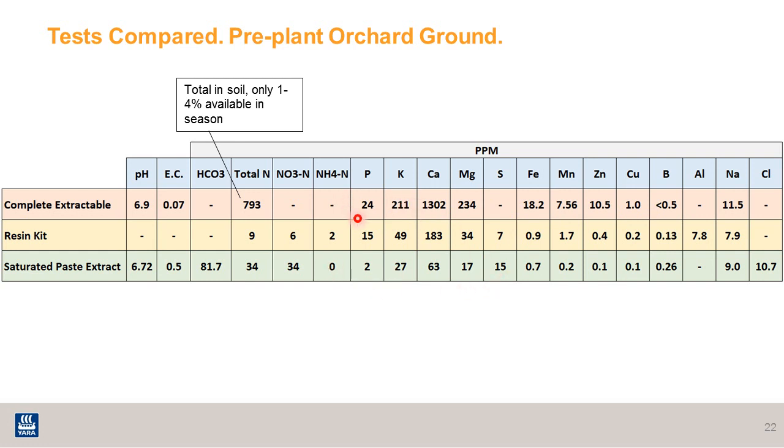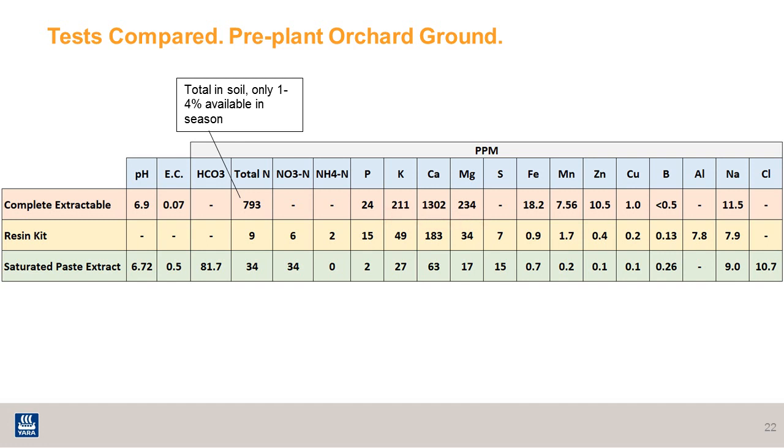Okay, you got phosphorus of 24 ppm, potassium of 211 ppm, calcium of 1300 ppm, magnesium 234 ppm. Remember, just keep in mind that this particular test purposely extracts a lot of nutrients from the soil just to give you a general idea of how much is in there. It doesn't mean that it's available to the plant. It just means that this is what's in the soil.